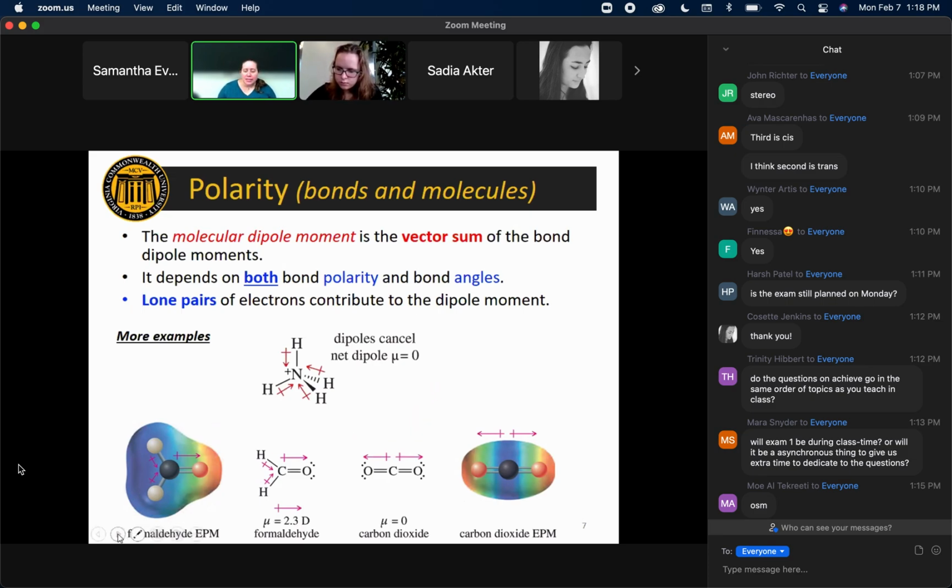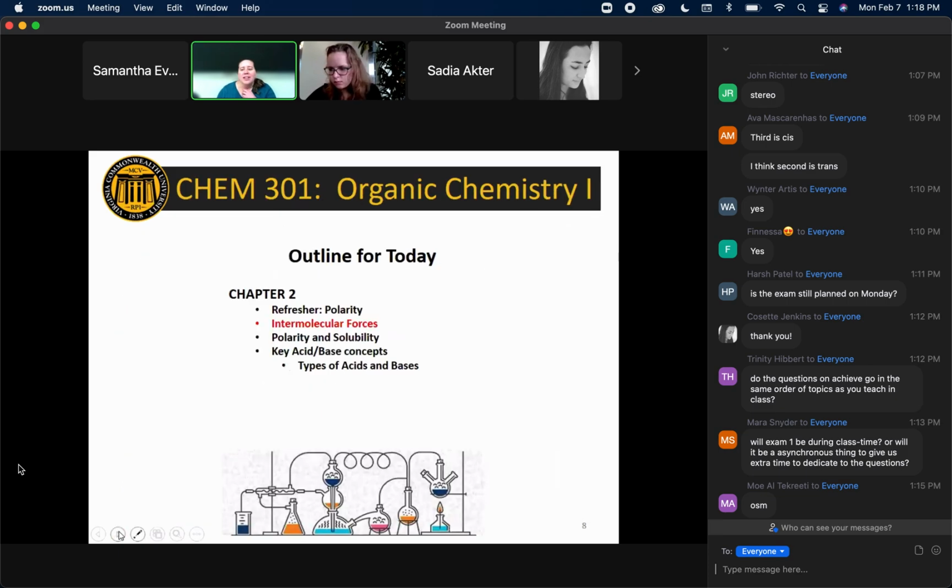And what we're going to do now is take what we've learned about that polarity and apply it to some actual physical properties. So what we're going to do is take what we've just learned about polarity and translate it into how molecules interact with each other.